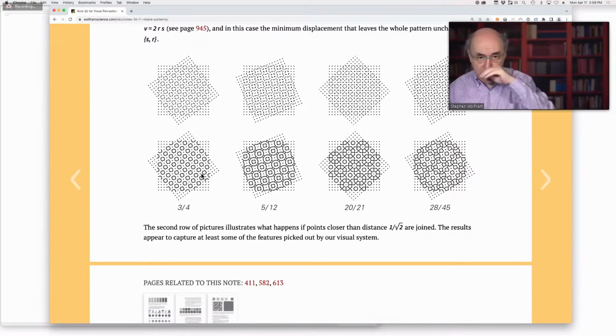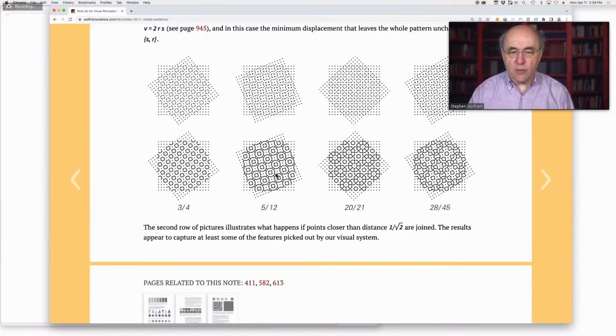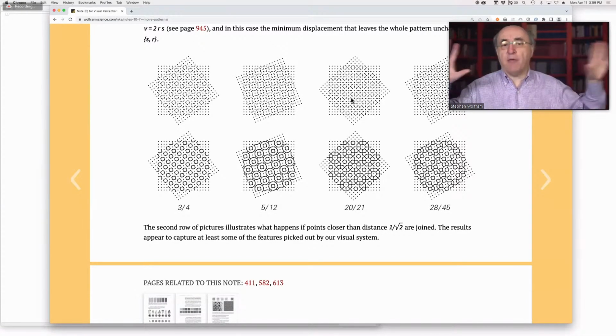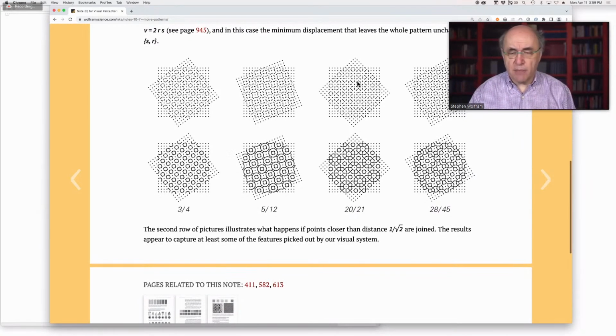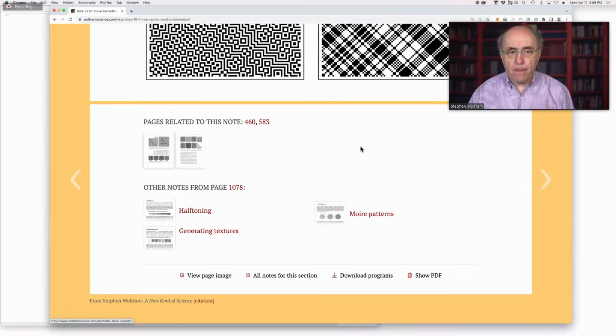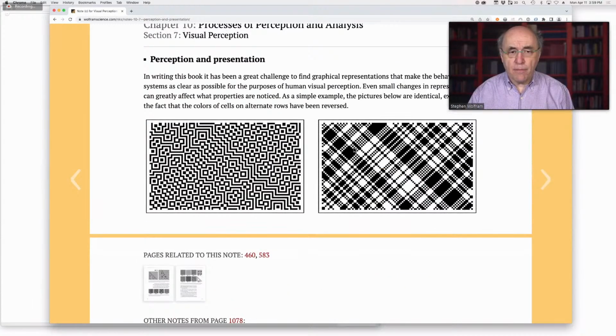What I discuss here is the continued fraction analysis, which I did to understand when you get recognizable features. This is, again, a test of visual perception. There's, in a sense, nothing really there. It's just two dot arrays, but we perceive these rosettes. This has been analyzed by people at our summer school more recently, and I think some nice work has been done, maybe even some papers published about this. Okay, that's a fun issue.